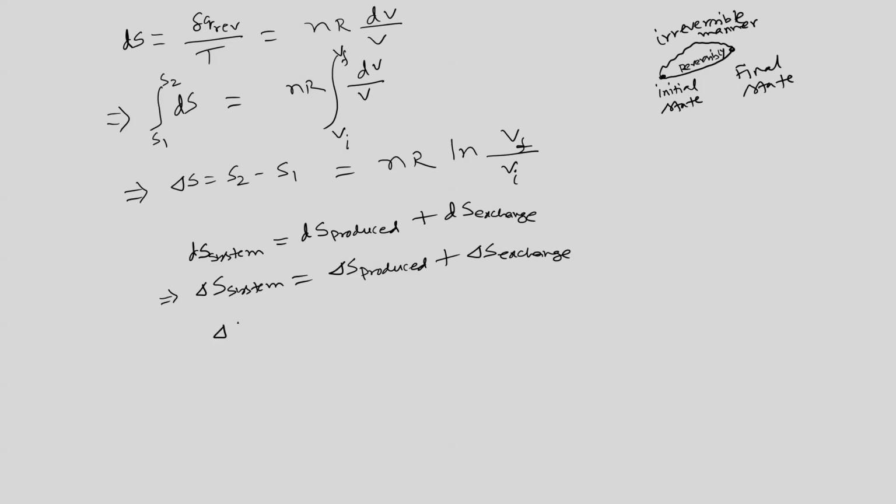We also discussed that delta S system for isolated systems is 0, and delta S system for a not isolated system is greater than or equal to 0, and this one we will discuss later. Okay, that we discussed so far.